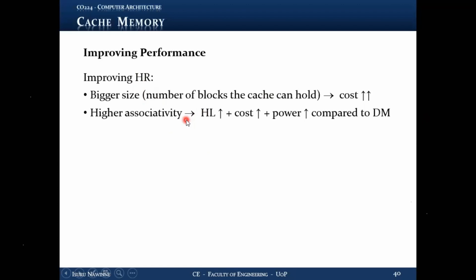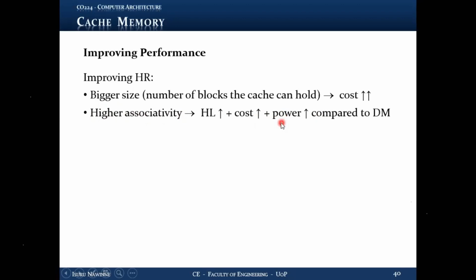You reduce the conflict misses more and more and get better hit rate. So it comes at a range of costs, the money cost or chip cost itself, and the power also increases because you have added logic compared to non-associative or direct mapped caches.